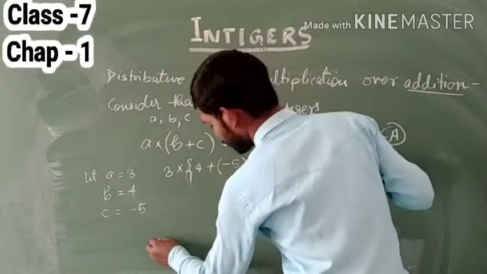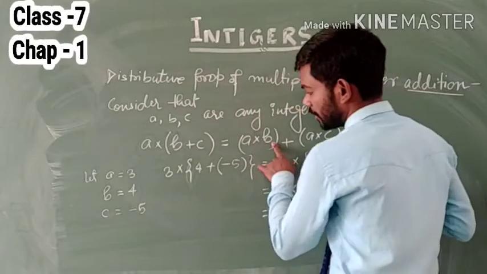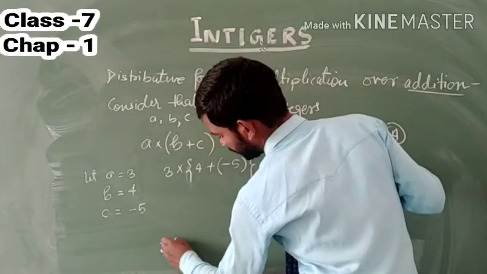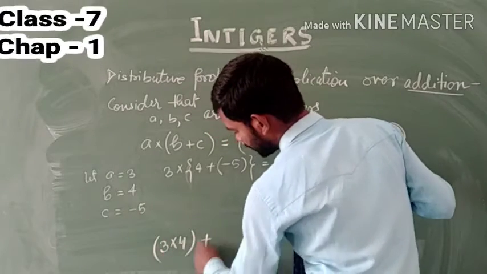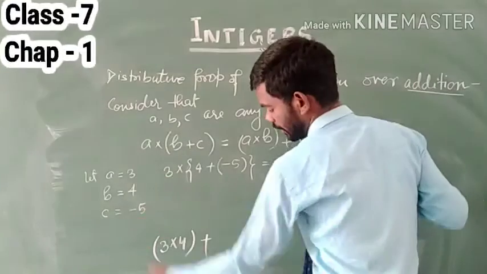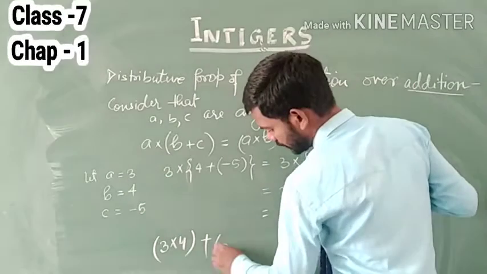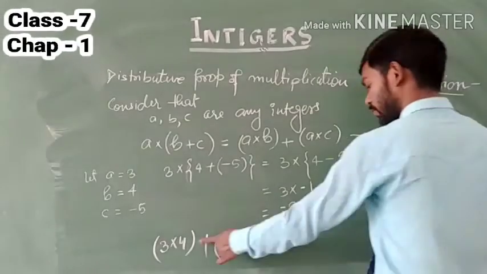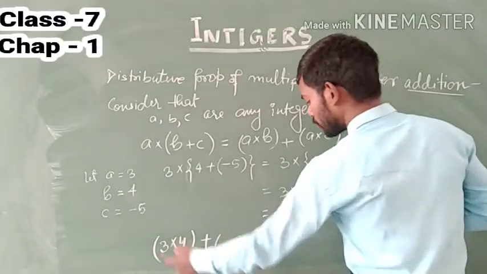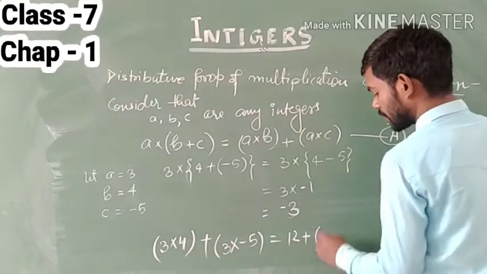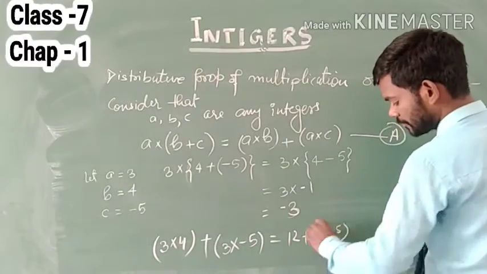So here we get A multiplied by B, that is 3 multiplied by 4, plus A multiplied by C, that is 3 multiplied by minus 5. Now we solve: 3 times 4 is 12, and plus 3 times minus 5 is minus 15.